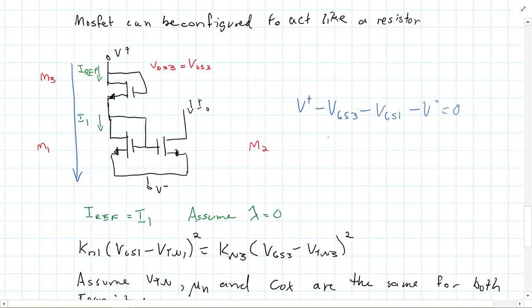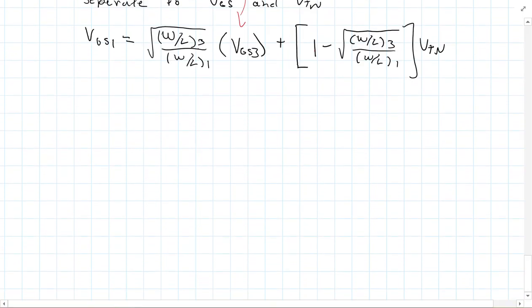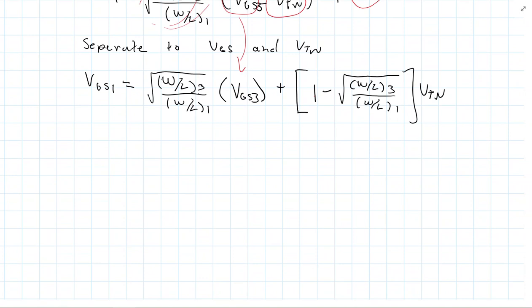In other words, we can rewrite this so that V plus minus V minus is equal to VGS3 minus VGS1. Okay, so then let's write that down here. Alright, so we've got that now.